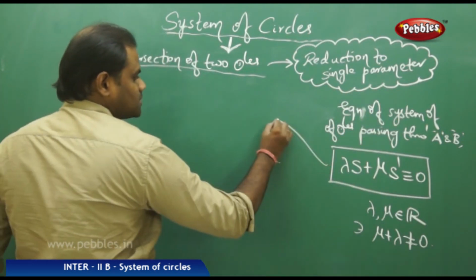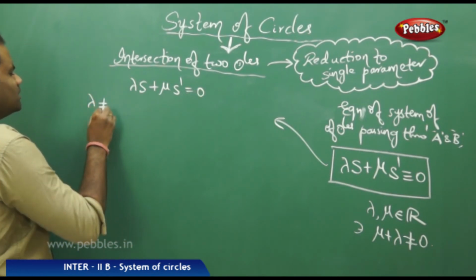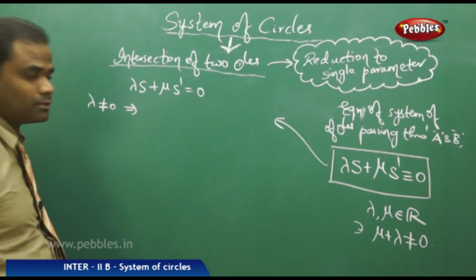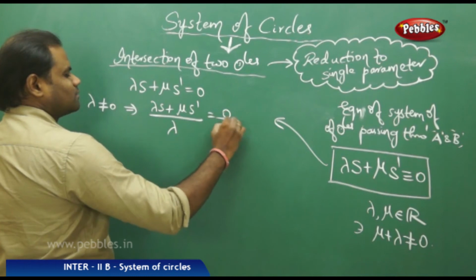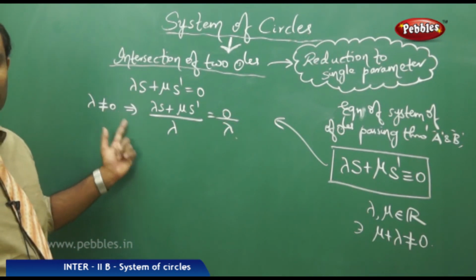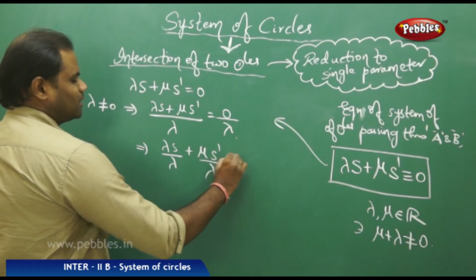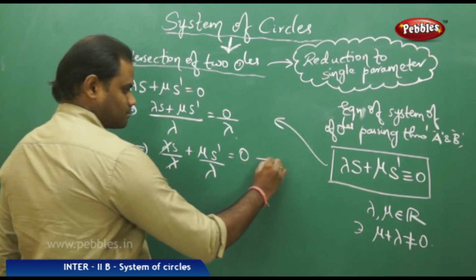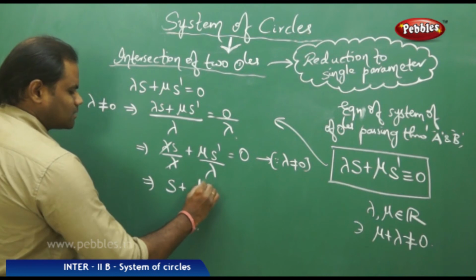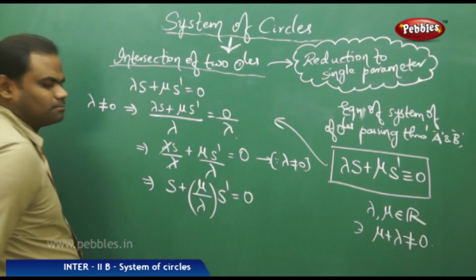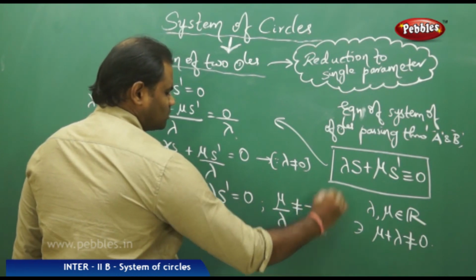With the formula lambda S plus mu S dash equal to 0, assuming lambda is not equal to 0, I divide the whole equation by lambda. This gives S by lambda... simplifying, S plus mu by lambda times S dash equal to 0, where mu by lambda is not equal to minus 1.